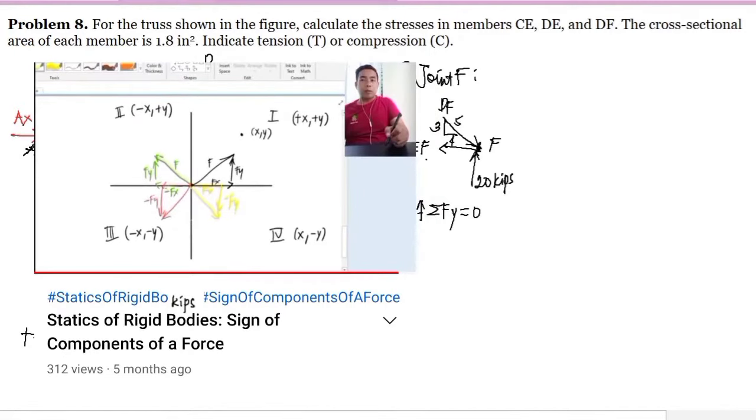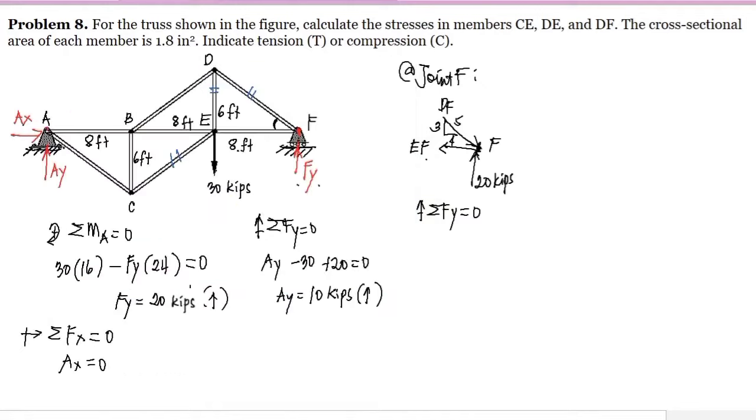So we have here the DF, since it is directed to quadrant 4, we have a negative y component, so it's negative DFy. Then 20 kips here is directed upward, so it's positive 20, equal to 0. So for the y component of negative DF, we take the vertical, so that's 3 over the diagonal, which is 5, plus 20 is equal to 0.